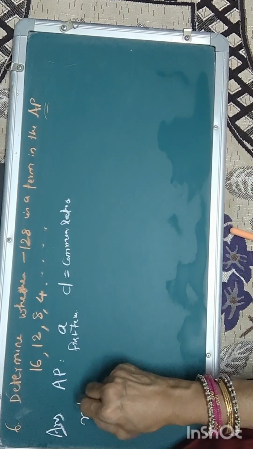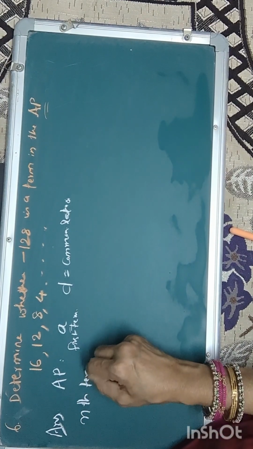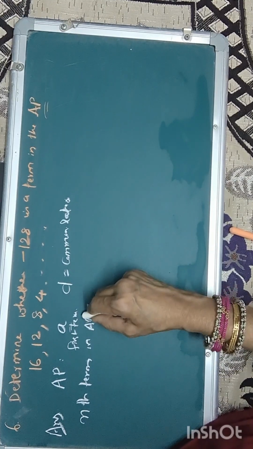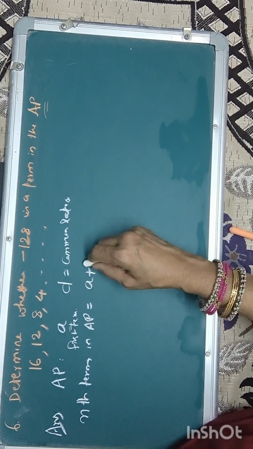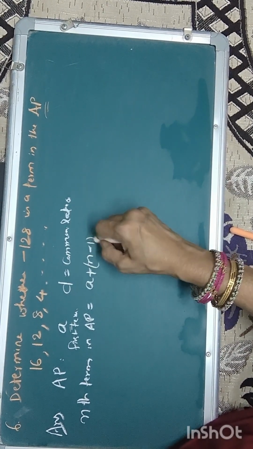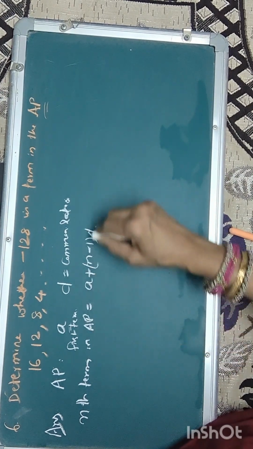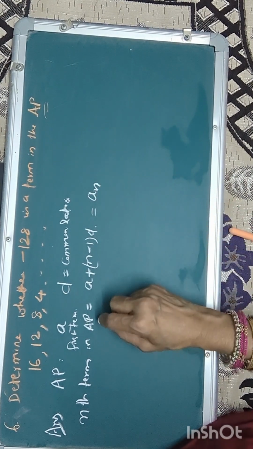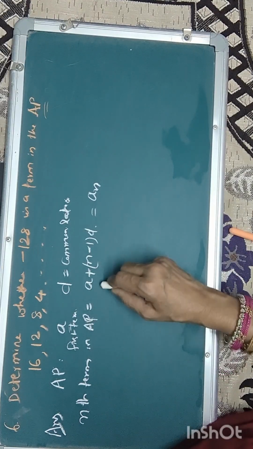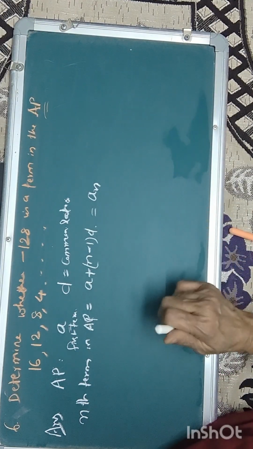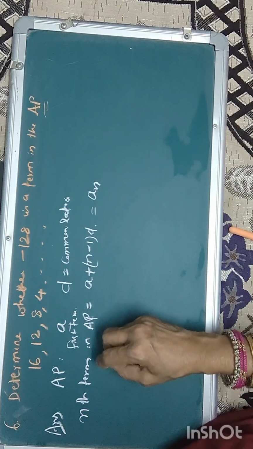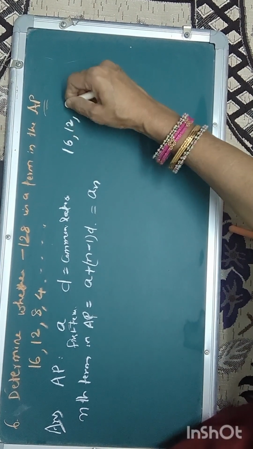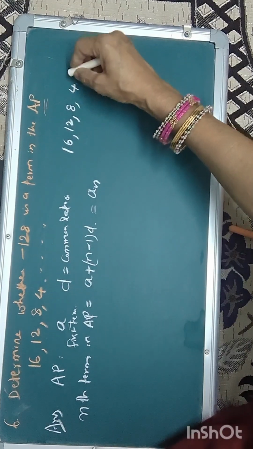So the nth term in AP, we know the formula, is an equal to a plus (n minus 1) into d. The nth term in arithmetic progression is a plus (n minus 1) into d.